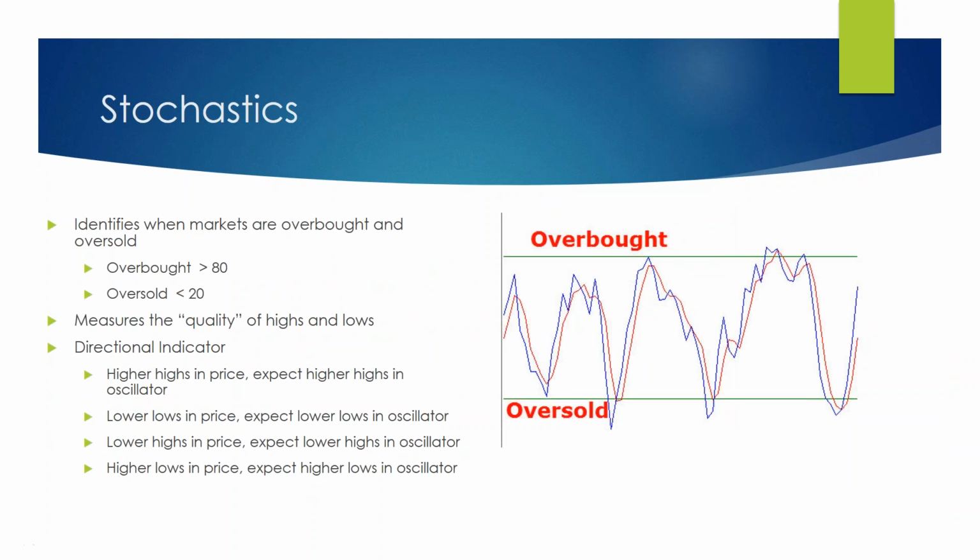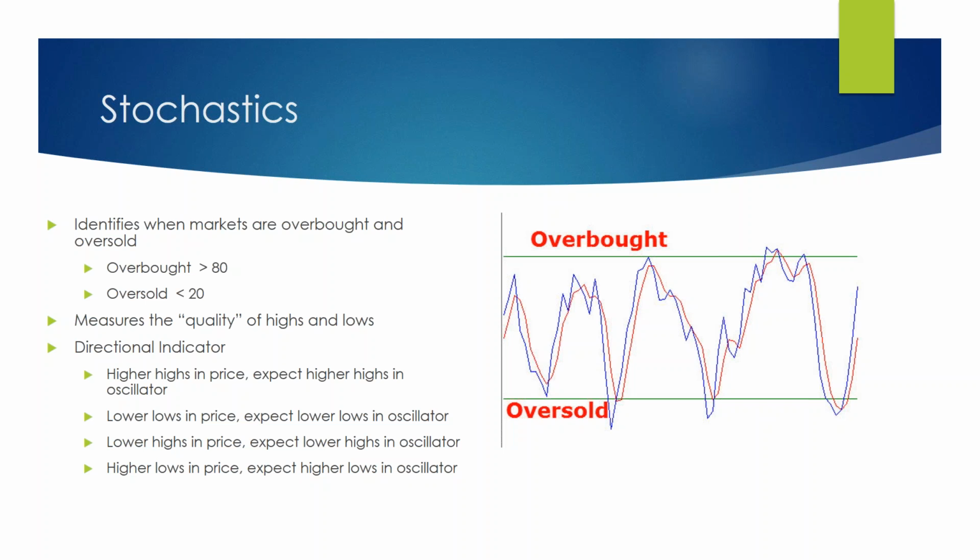Now, the indicator that I'm going to be teaching you how to use today is the stochastics, and it typically identifies when markets are either overbought or oversold. Anything that is above 80 would be considered overbought. Anything that is below the 20 line is considered to be oversold.